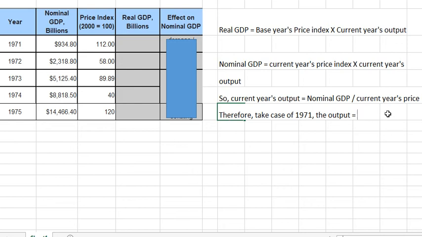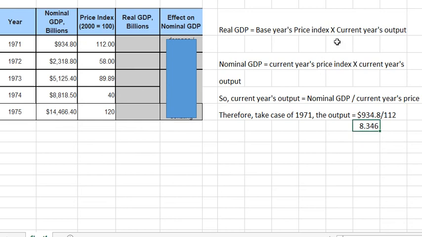Equals the number we got, 934.8 billion, that's in dollars, divided by that year's price index, which is 112. So if we do the math, we use the formula, we will get 934.80 divided by that year's price level, which is 112. That gives us 8.346. So that was the output.